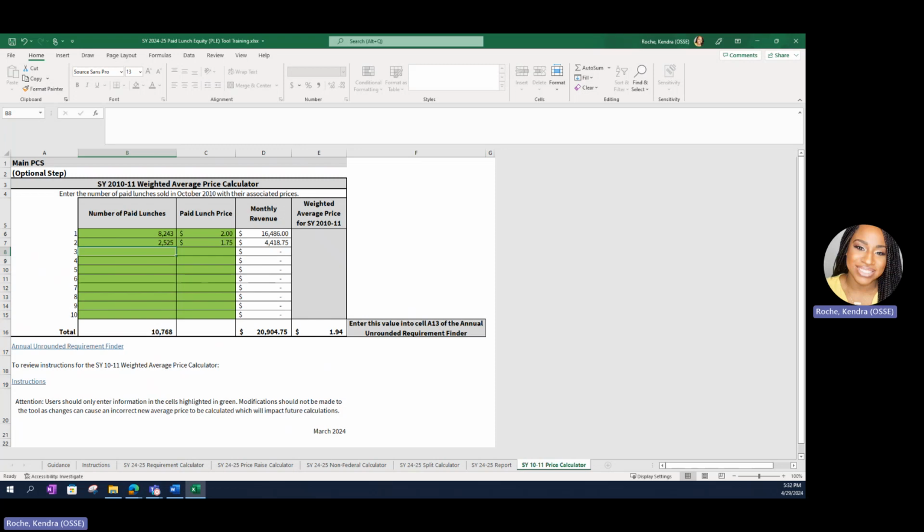Once you have completed this tab, record the school year 2010-11 weighted average price and click to go back to the unrounded requirement finder. Enter this number into the school year 2010-11 weighted average price box.